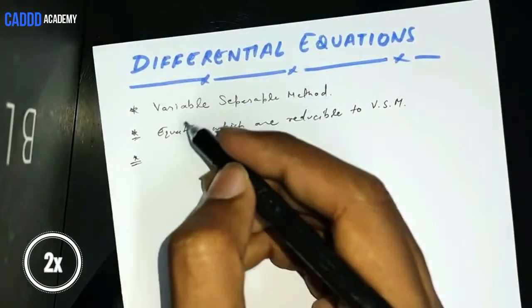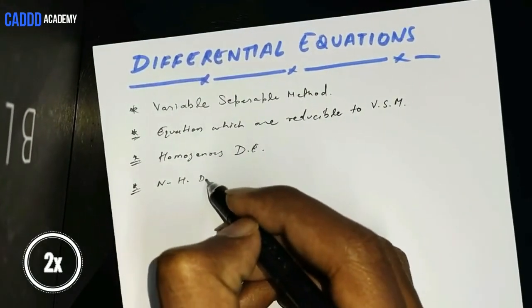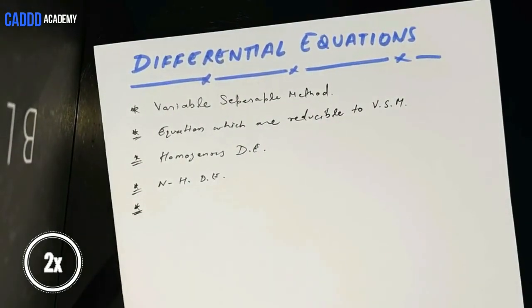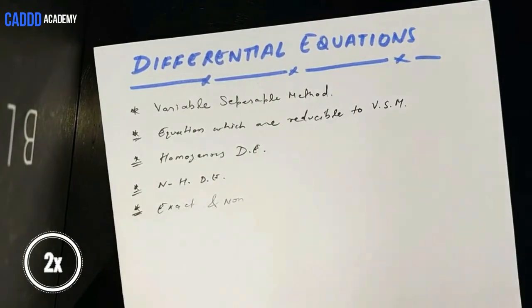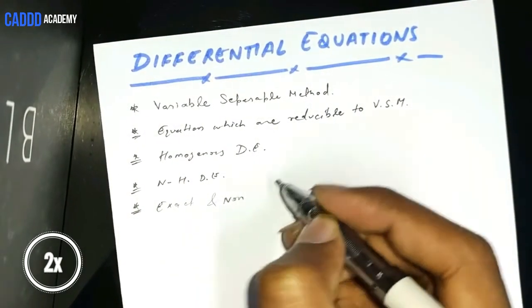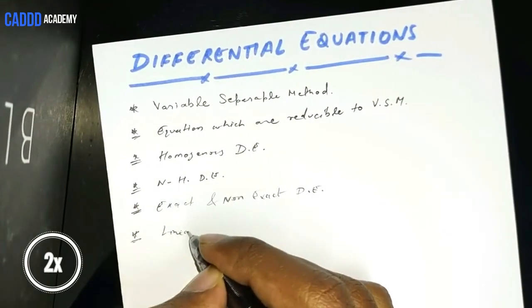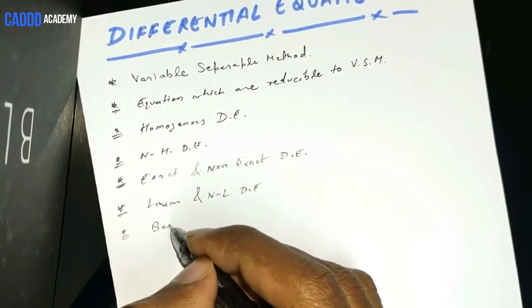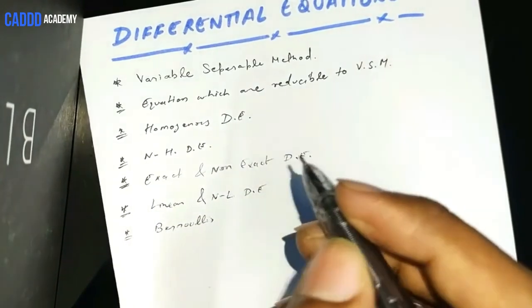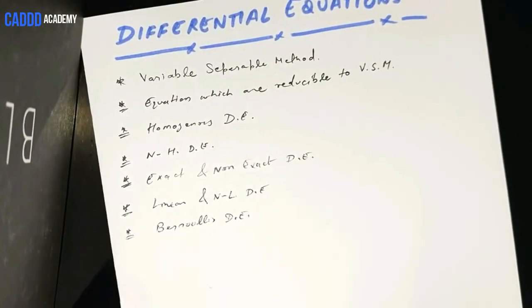Third, we will do homogeneous differential equations, non-homogeneous differential equations, exact and non-exact differential equations, and linear and non-linear differential equations. And with that we will do the last one, which is Bernoulli's differential equation, okay? So these are the general forms of differential equations which we will cover in this lecture.